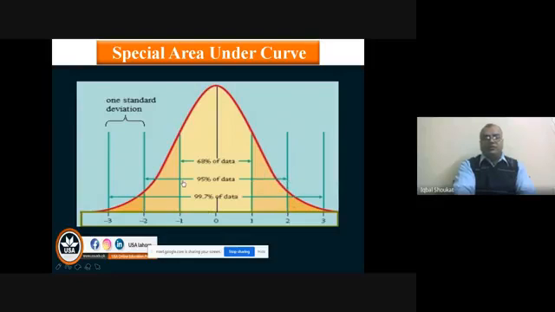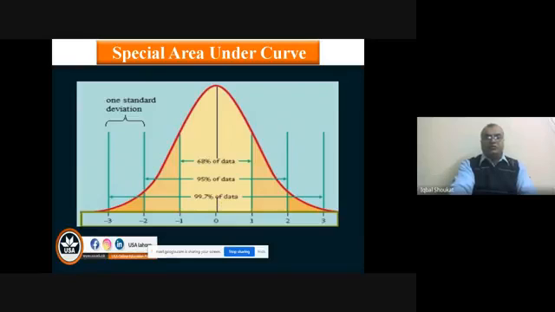So the range between these two curves, mu plus minus 2 times standard deviation, covers 95% of the data, and then 3 times standard deviation covers 99.73% of the data, the given values.